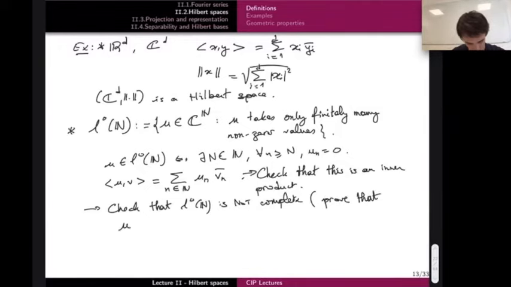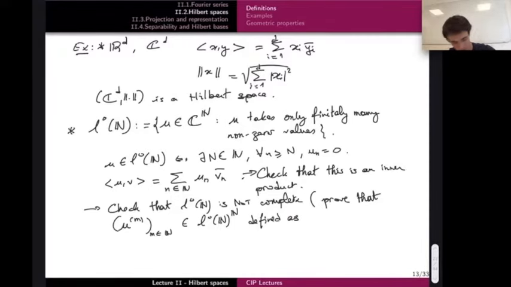Let me give you this sequence u_m, for m in N. This is a sequence which takes values in L0 of N, defined as, just as an example because there are plenty of others, at rank n equal to 1 over n if n is smaller than m, and 0 if n is greater than m.